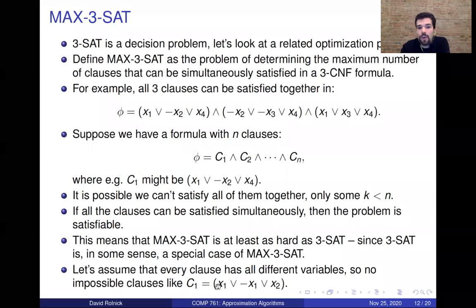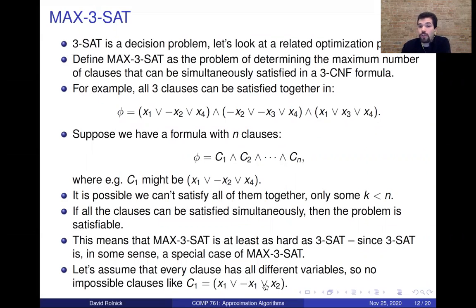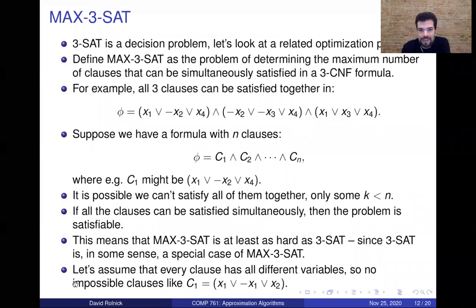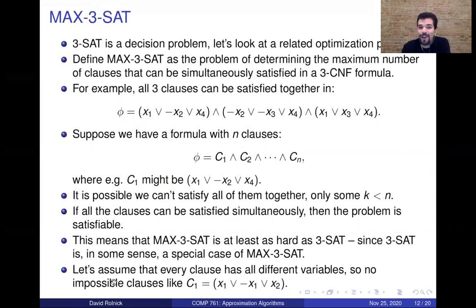So like, if you have x1 or not x1, well, that is always true. I didn't mean to say impossible clauses here. I meant to say always true clauses. So the opposite of impossible. This clause is always true because x1 or negative x1 is always true.